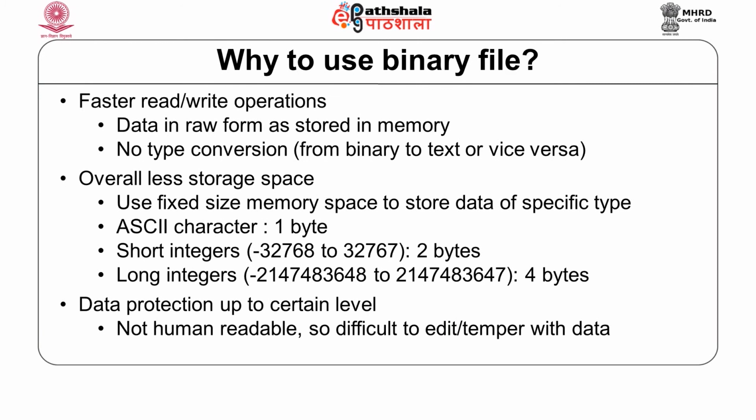Otherwise, it may use 5 to 6 characters. Similarly, for long integers, it may use, with sign, around 11 characters at the most, but when it is stored in a binary file, it will use only 4 bytes. So, this way it occupies less space.